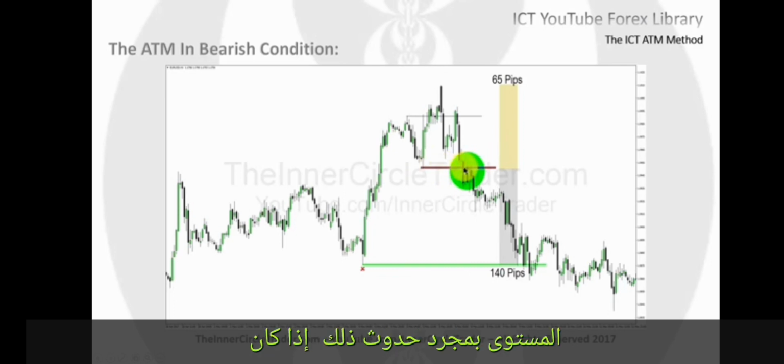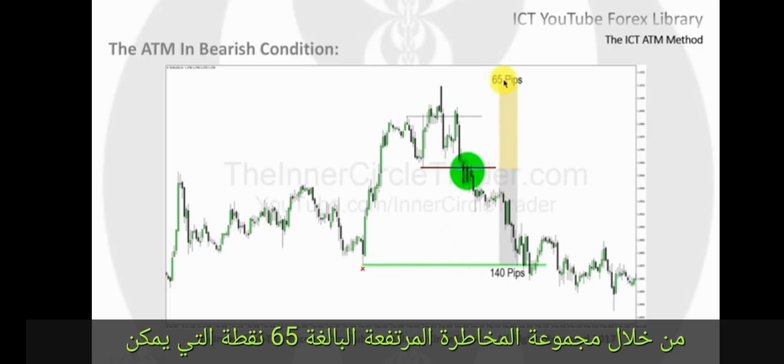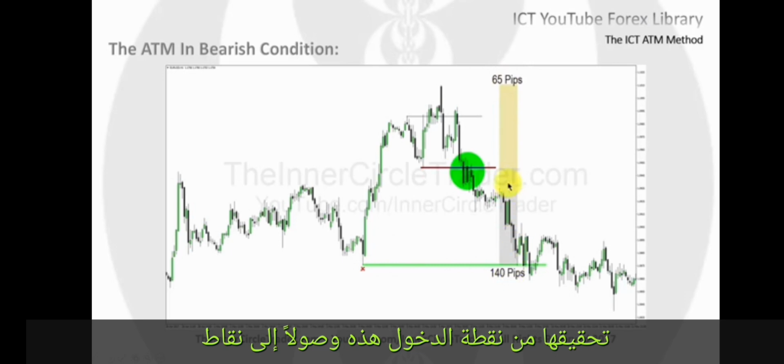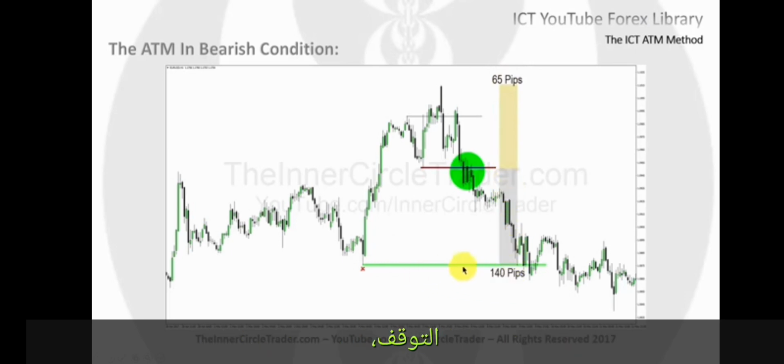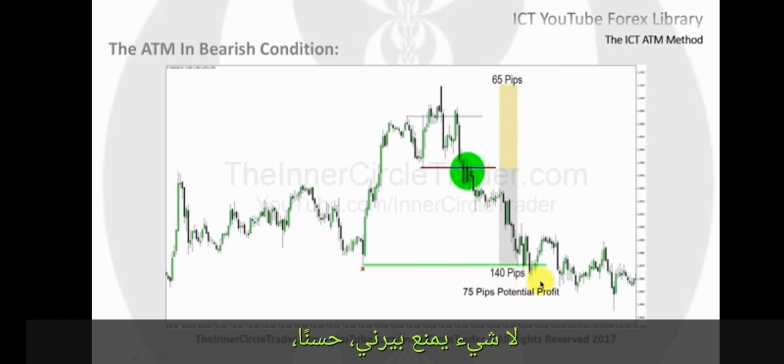As soon as that happens, that is a sell scenario, or a shorting opportunity. We're going to be looking for a move below this low. Our risk is defined by the high, so that's 65 pips risk to make from this entry point down to the stops. That's not bad. You can take that trade. It's not barn burning, okay?